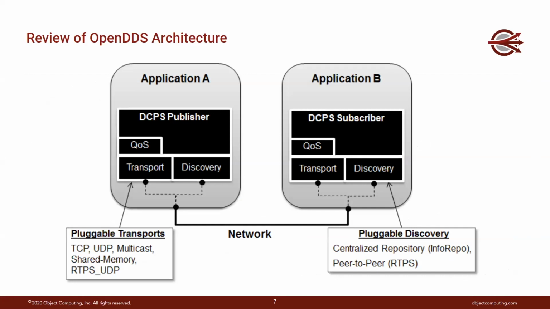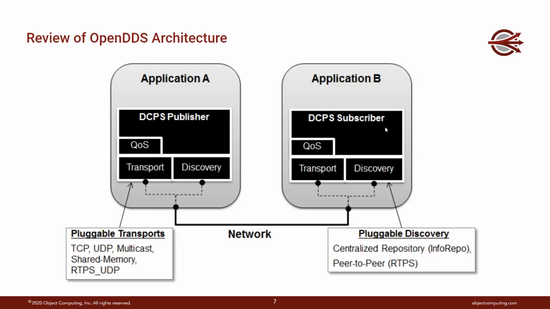There's the DCPS layer, data centric publish and subscribe, involving all those things that we saw as the API that the application uses to interact with DDS, like data writer and topic and the quality of service policies. Then underneath, as you'll see in the lower part of the diagram, OpenDDS has concepts of transport and discovery that are configurable.